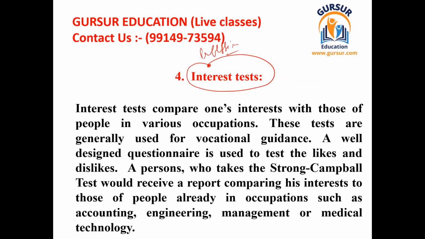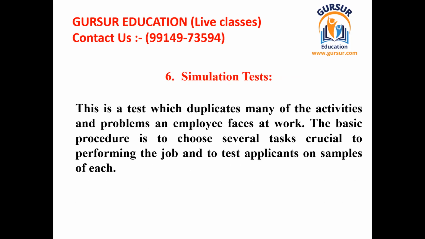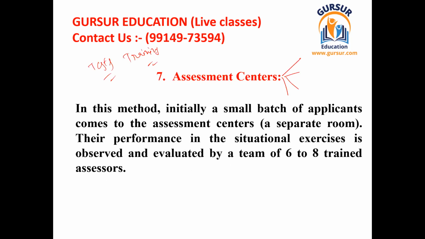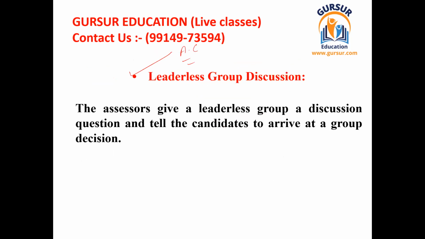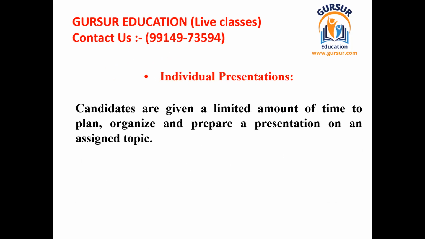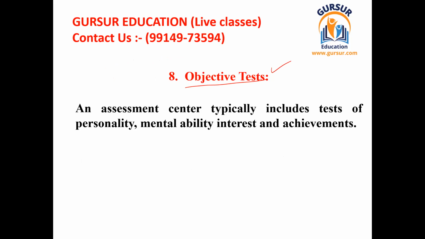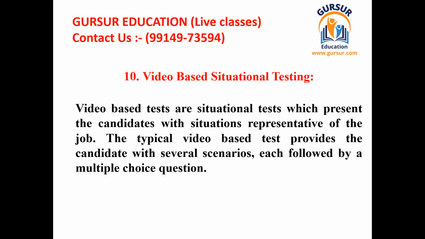Then the fourth one is the interest test, then the achievement test, then the simulation test. Then assessment centers are there. They further contain 4 types: the in-basket system, leaderless group discussion, management games, and individual presentations. And then the 8th one is the objective test, the 9th is interviews, and the 10th is the video-based situational testing system.